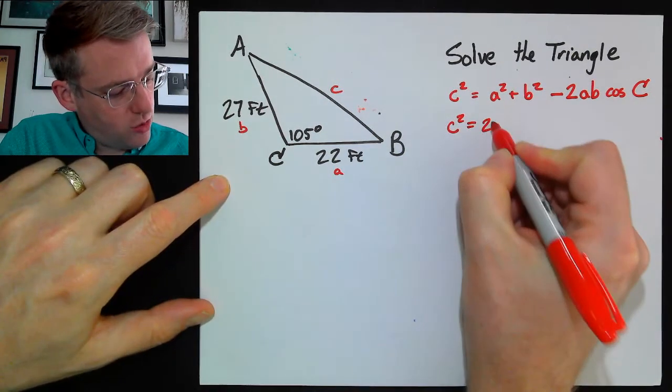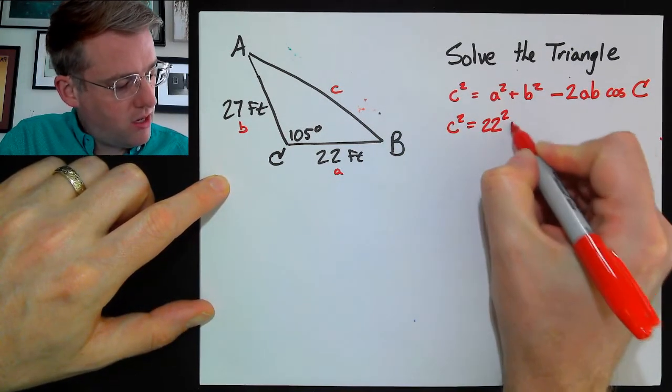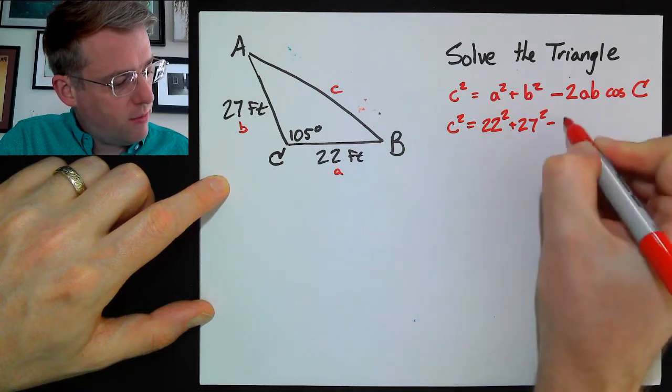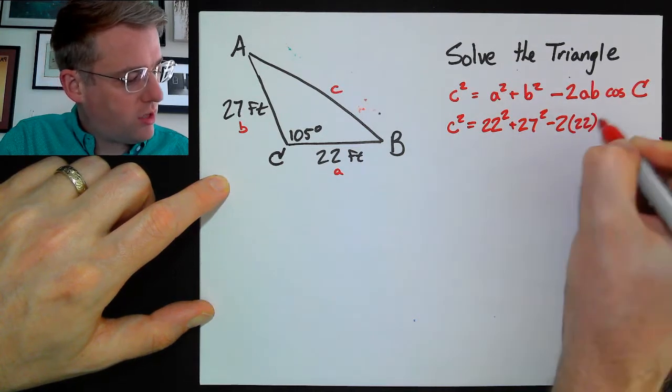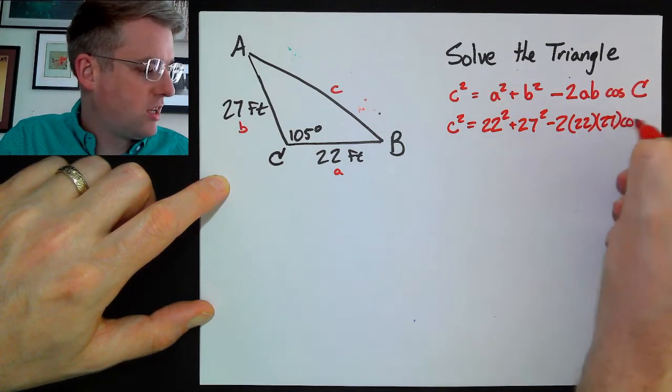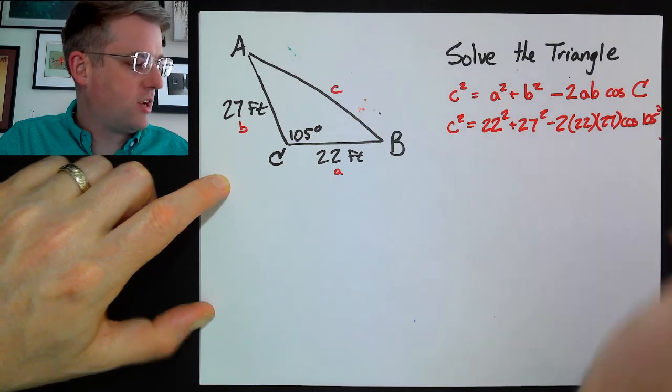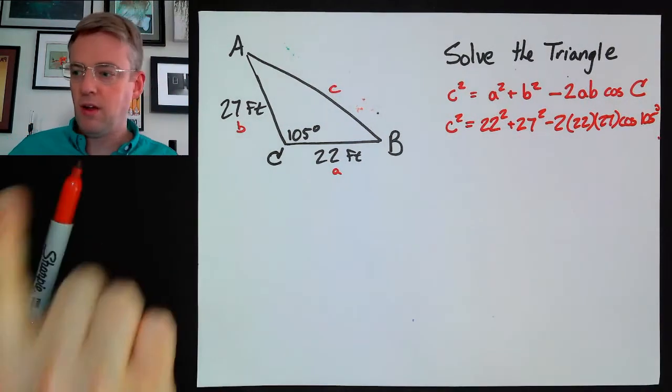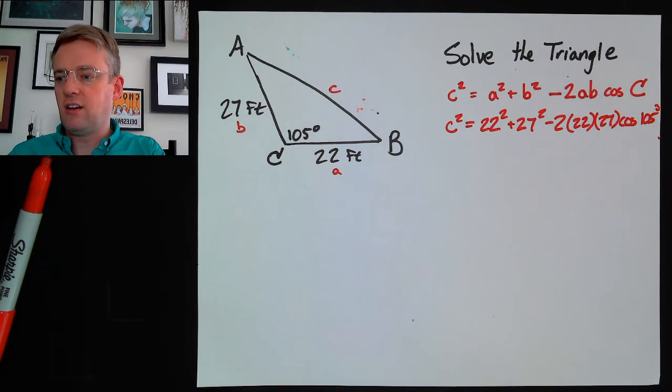A is 22. B is 27, minus 2 times 22 times 27, cosine of 105 degrees. Barely fits on the paper, but it will be just fine on our calculator, which we need to pull up.